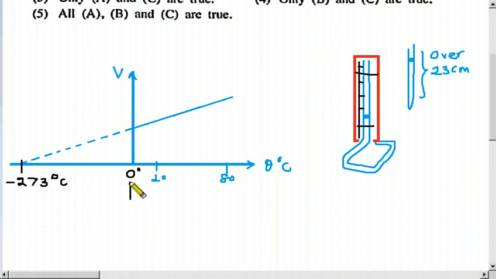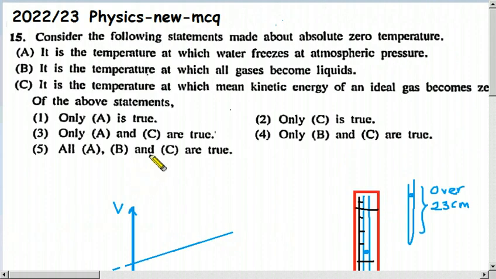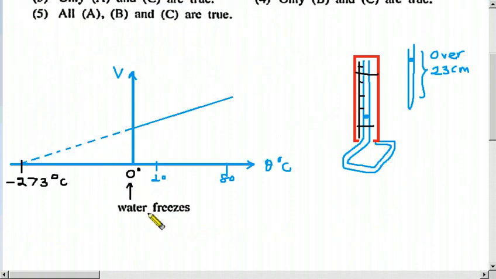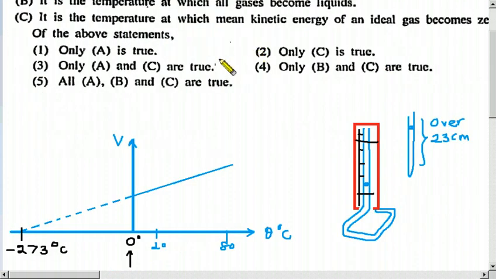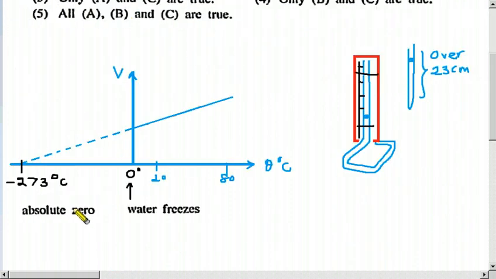This is not the temperature at which water freezes at room pressure; that is the water freezing temperature. So this one we call absolute zero.